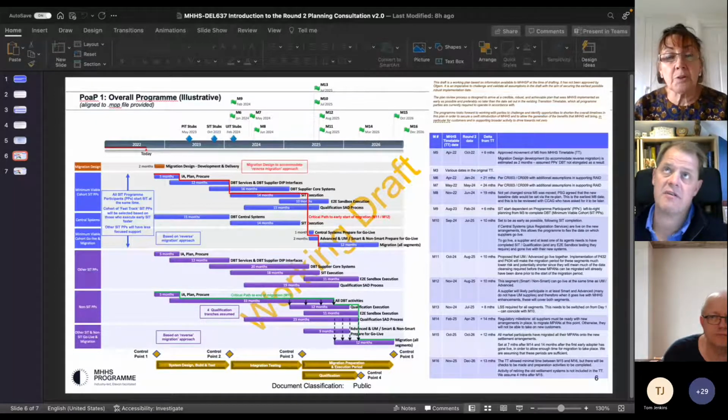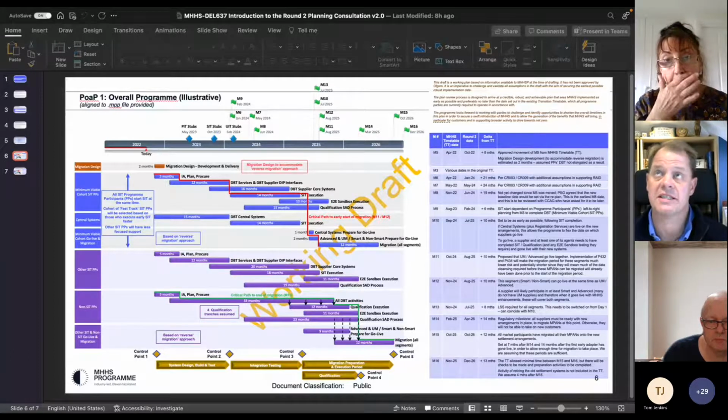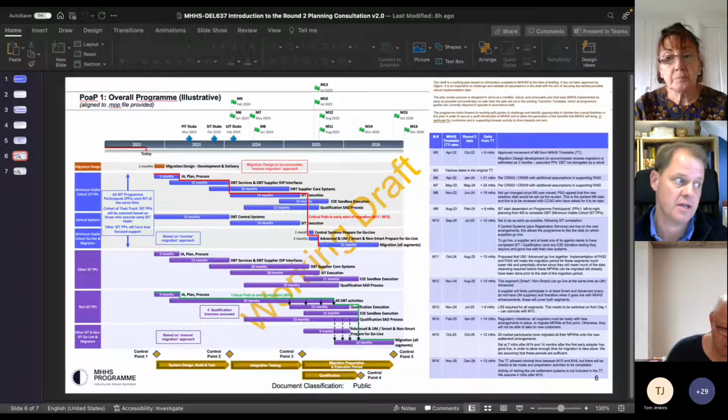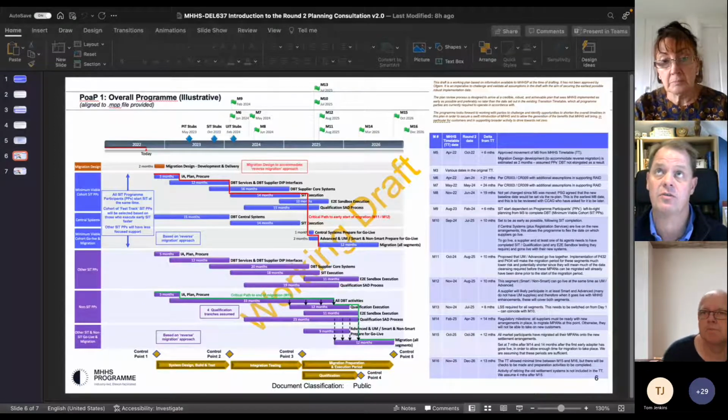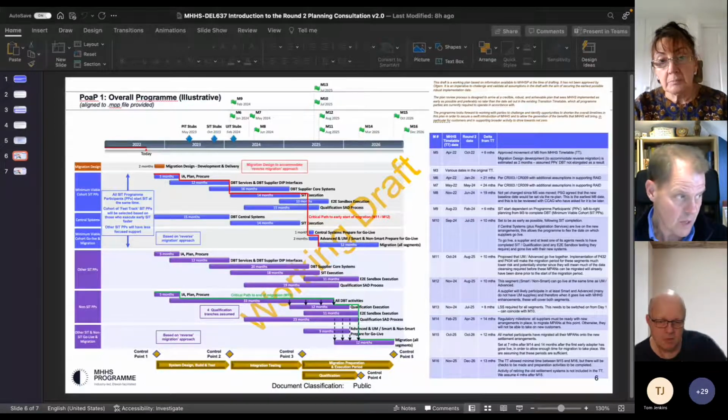I think there is another element to it, Jenny, which we do want to tease out in the response to the consultation, and we've talked about this with the DNOs, with Chris and Richard, and that is the impact of reverse migration. It's a clear assumption within this version of the plan that we're taking the reverse migration approach.